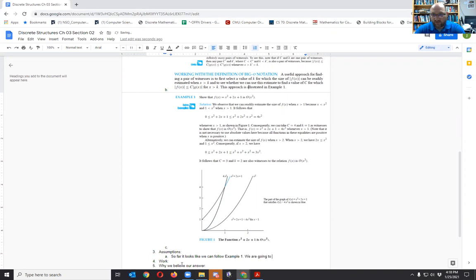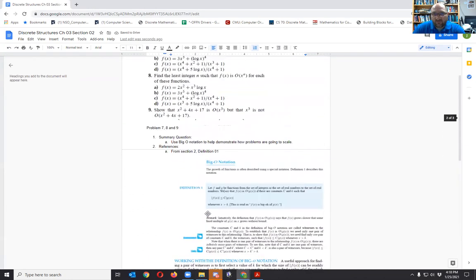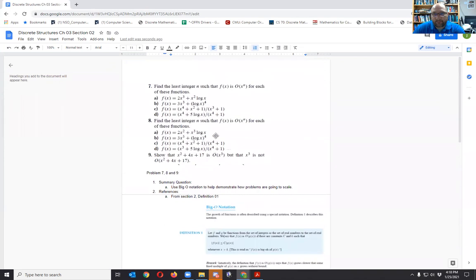We are going to pick a point to start k, and then we are going to pick a scaling variable. Okay, so let's take a look at what the first question is.